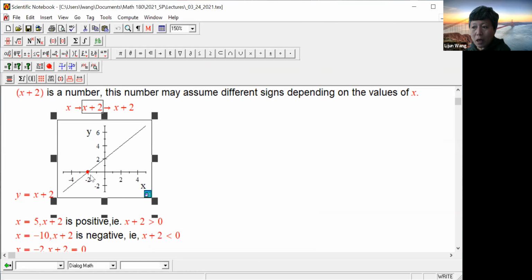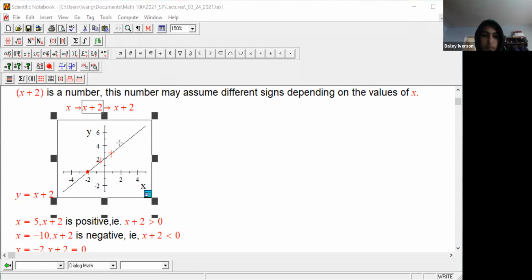When input is larger than -2, what happens? What do we get? All of these pieces are positive. Do you guys see that? Positive pieces, because they're above the x-axis, right? When input is less than -2, they're all negative. Do you follow me?